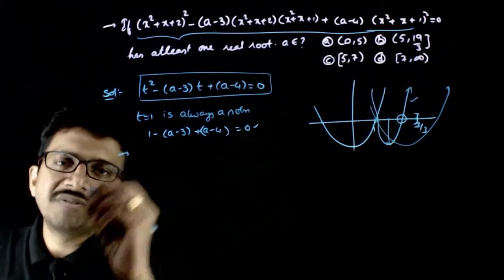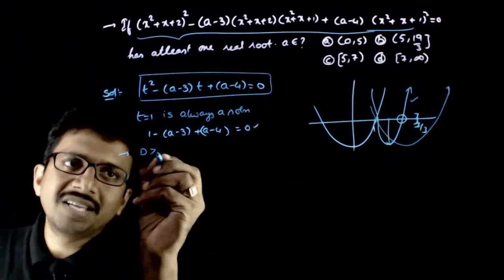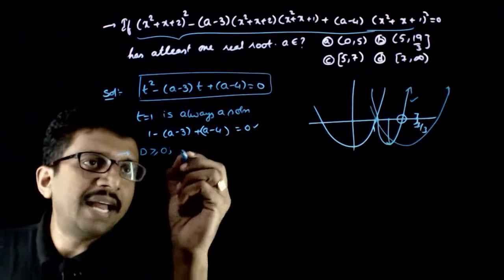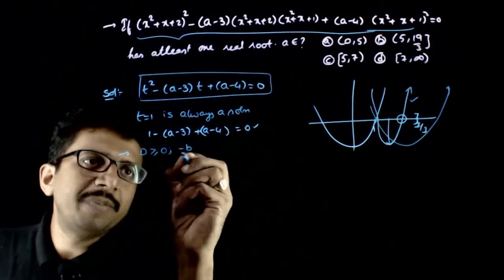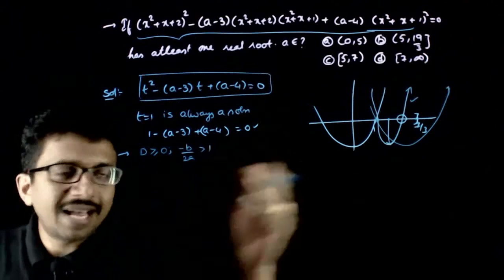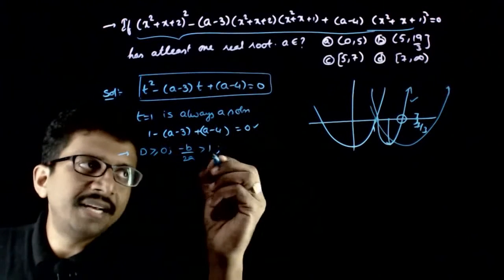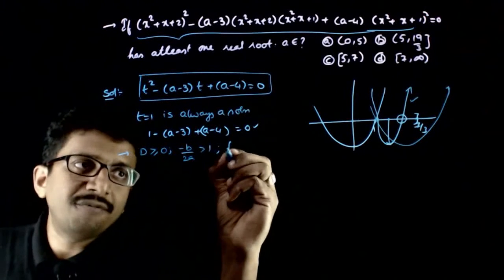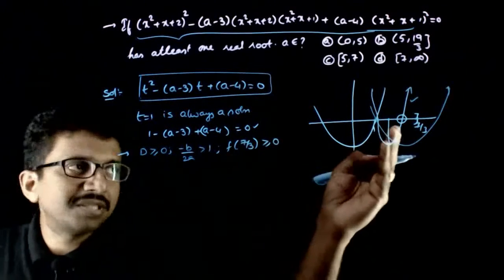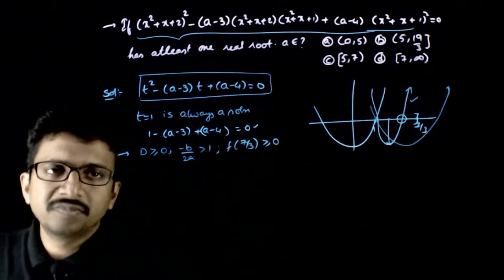The conditions that we need to ensure: discriminant is greater than or equal to 0, which is a general condition for real roots, and minus b by 2a should be strictly greater than 1. Minus b by 2a has to be greater than 1, and f of 7 by 3 has to be greater than or equal to 0, because 7 by 3 is also okay.